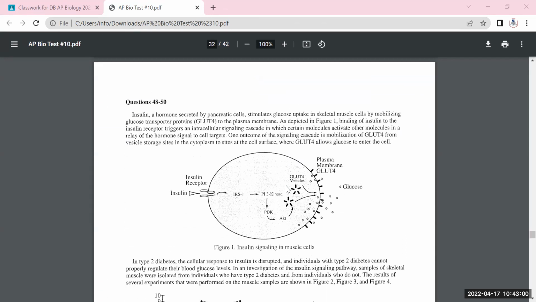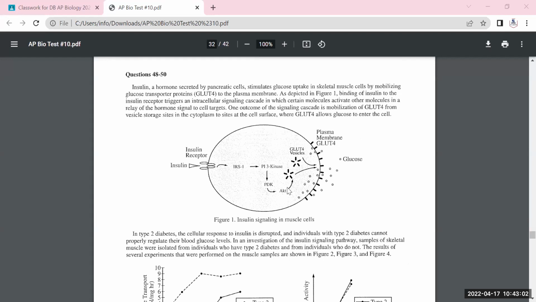Okay, 50. Insulin, a hormone secreted by pancreatic cells, stimulates glucose uptake in skeletal muscles by mobilizing glucose transporter proteins, GLUT4, to the plasma membrane. As depicted in Figure 1, binding of insulin to the insulin receptor triggers an intracellular signaling cascade in which certain molecules activate other molecules in a relay of the hormone signal to cell targets.